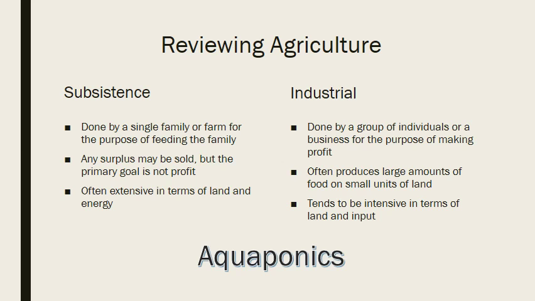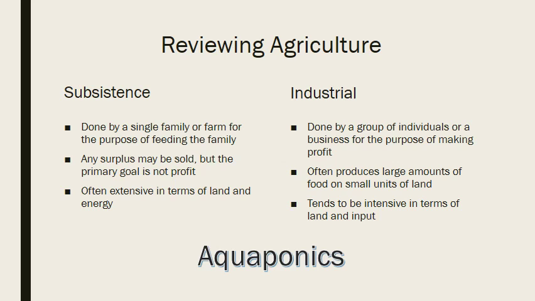Typically, these tend to be relatively small plants, so it's not normally done on an industrial scale, but it is more sustainable. You can produce some vegetables such as tomatoes and lettuce, and they grow almost as well or as well in an aquaponic system as they do in a soil-based system.